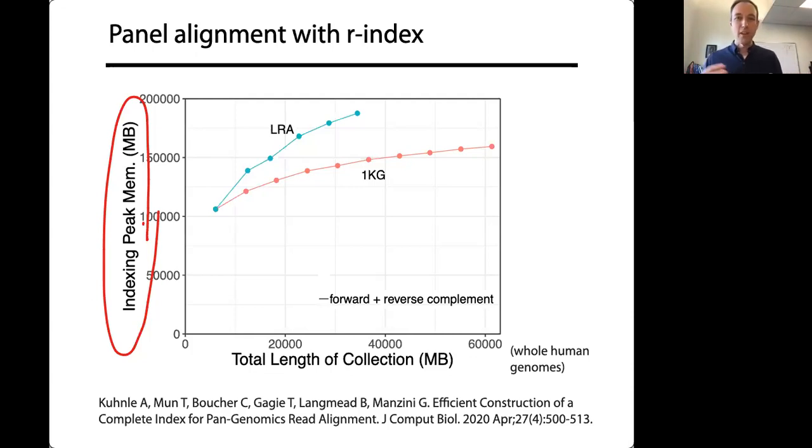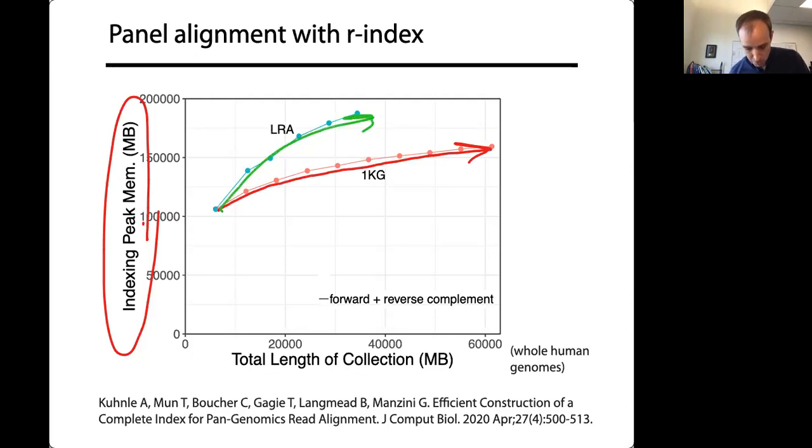So it's not all good stuff, but you're at least not censored by some class of structural variants. And you can see that as you add more genomes, the memory footprint is growing not linearly, but somewhat sublinearly, okay? True for the long read assemblies, true for the 1000 Genomes Project individuals both.